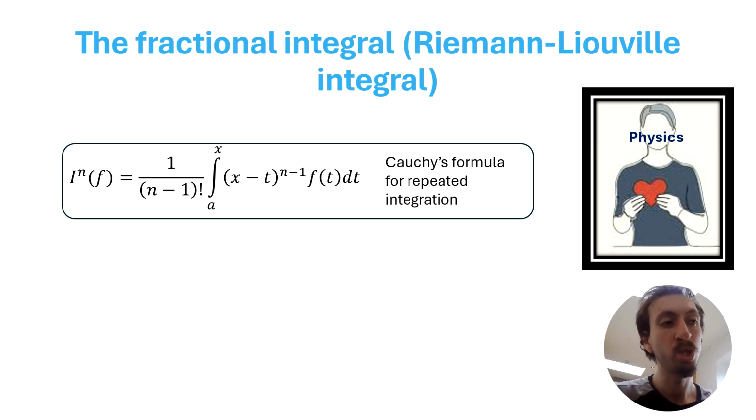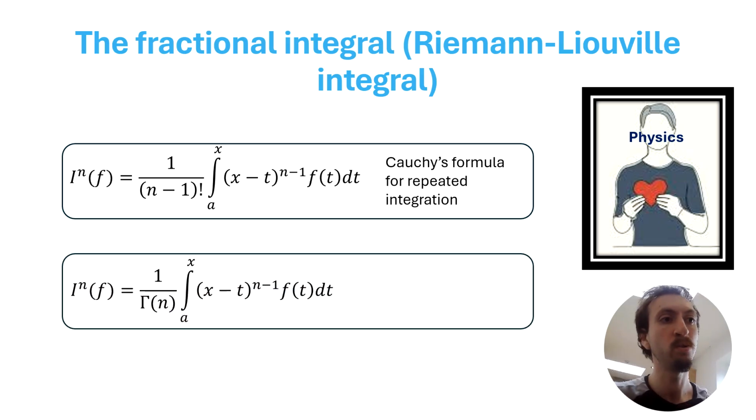Now we can generalise this notion of an nth order integral by just generalising the factorial, and we've seen that the generalisation of the factorial is the gamma function. So a natural way to generalise it is this, and remember n minus 1 factorial is equal to gamma of n.